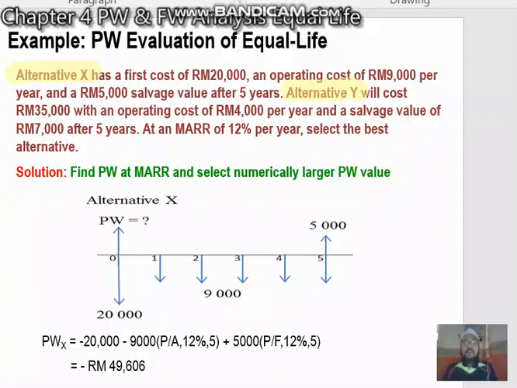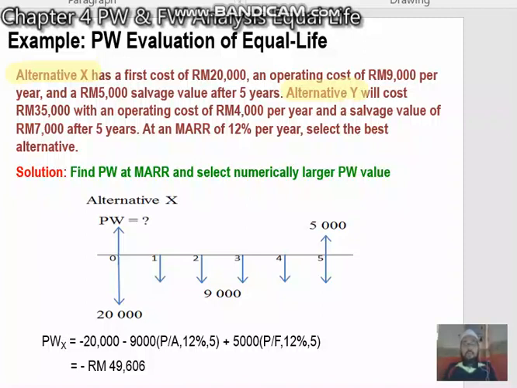While alternative Y will cost 35,000, operating cost of 4,000 per year and a salvage value of 7,000 after 5 years. At a MARR of 12% per year, select the best alternative, either X or Y.